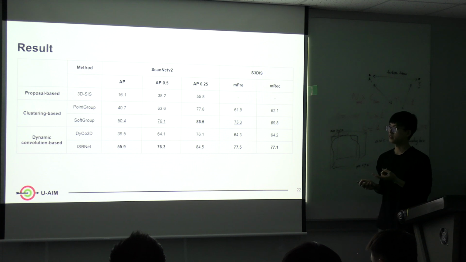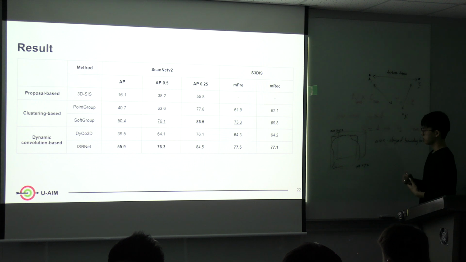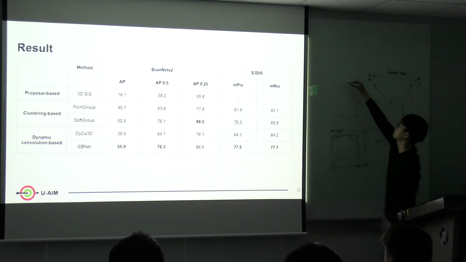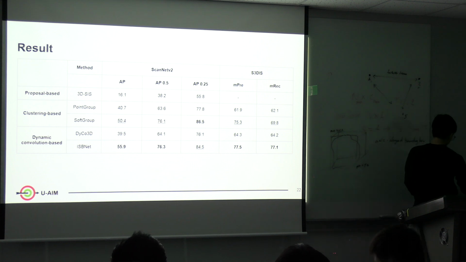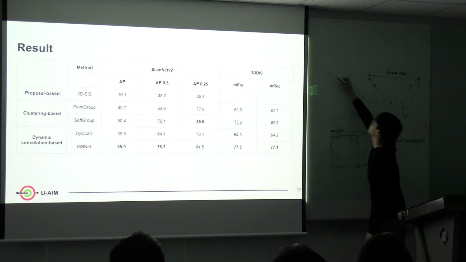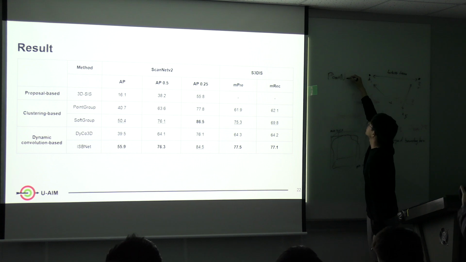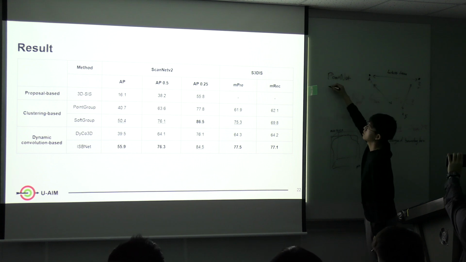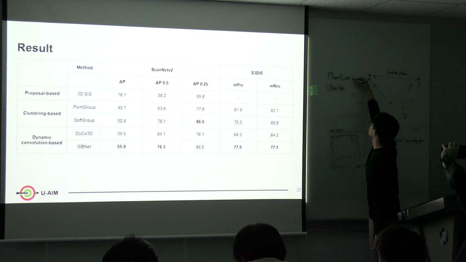I think the two main backbones they usually use to process the point cloud are the PointNet-based backbone and the U-Net-like backbone.